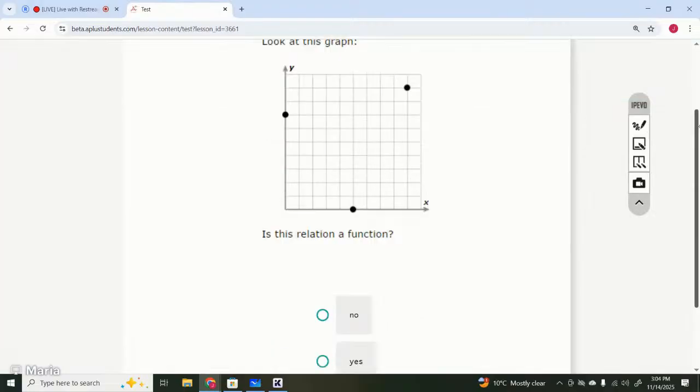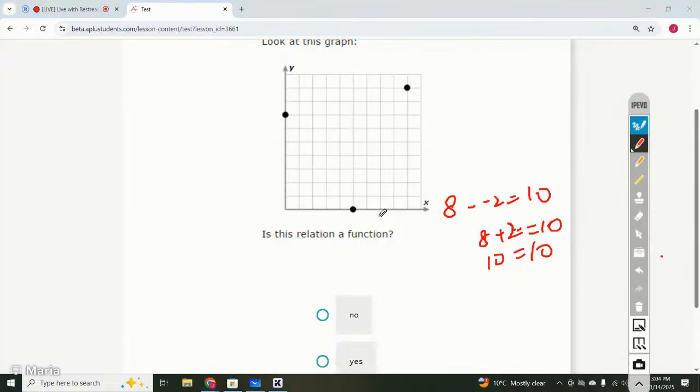Look at this function. Is this relation a function? So let's just look at those values. Each value of x can only map to one value of y, right? You can just match these values.